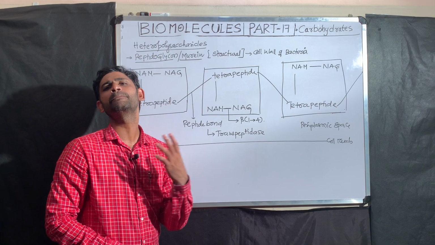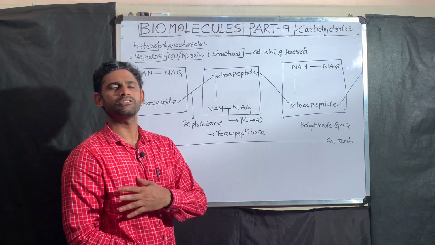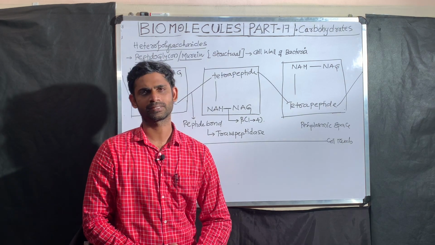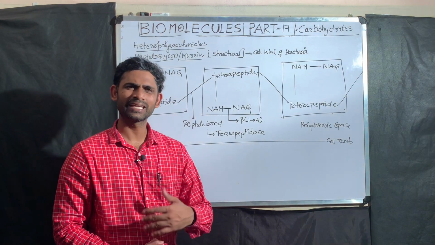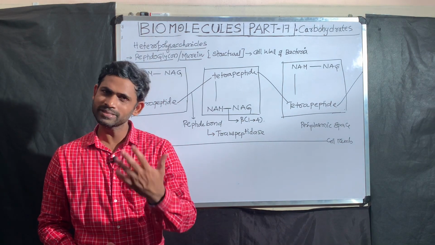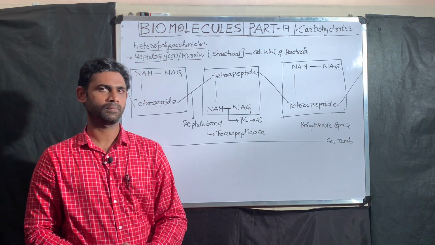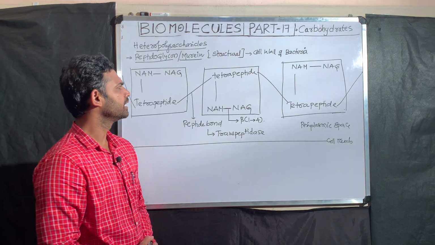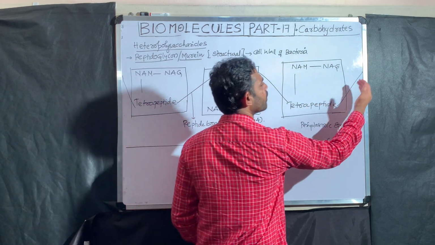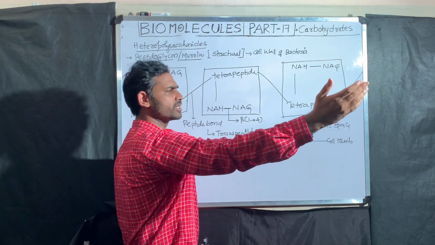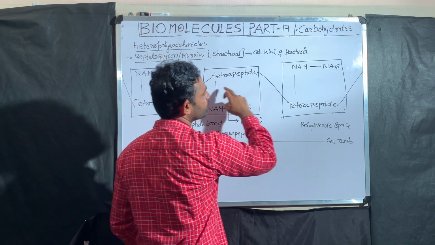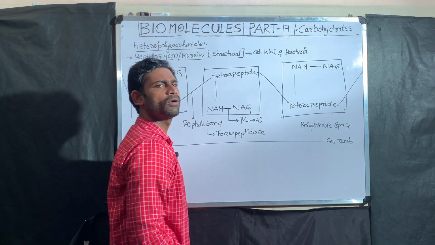Don't confuse it with peptidyl transferase. Peptidyl transferase mediates peptide bond formation during protein synthesis, but transpeptidase mediates peptide bond formation during peptidoglycan synthesis, only in bacteria, the prokaryotes. Like this, subunits are attached one by one, and finally this subunit associates with the earlier one, resulting in the formation of a complex structure, the peptidoglycan.